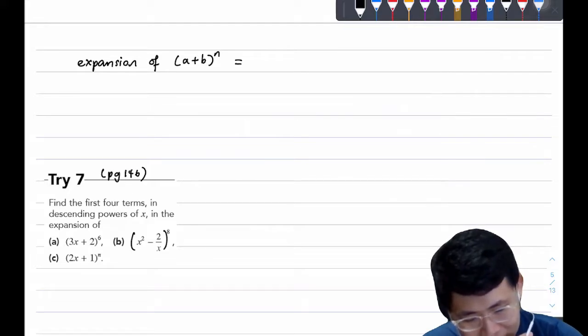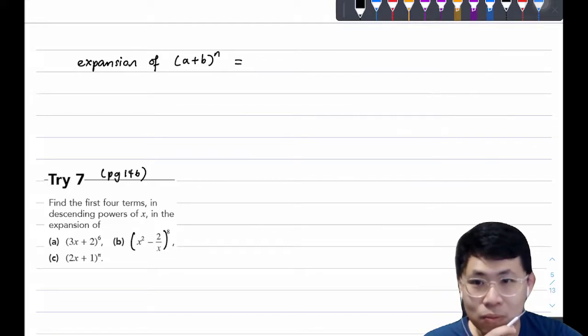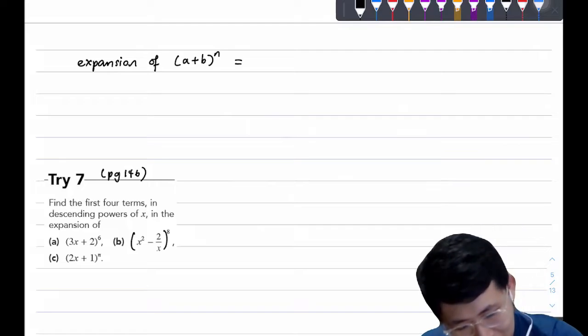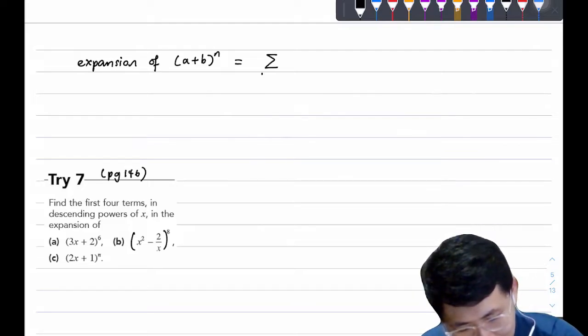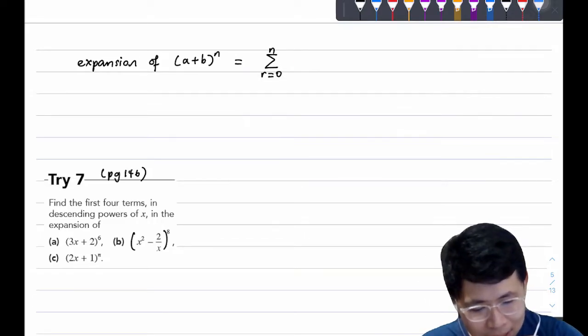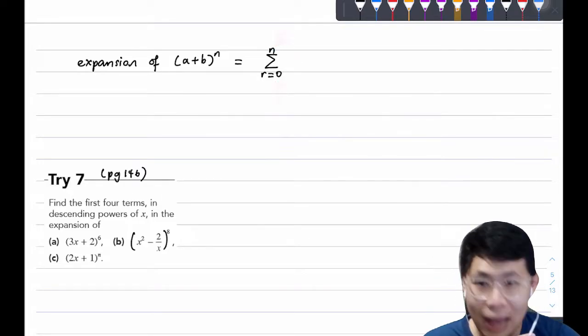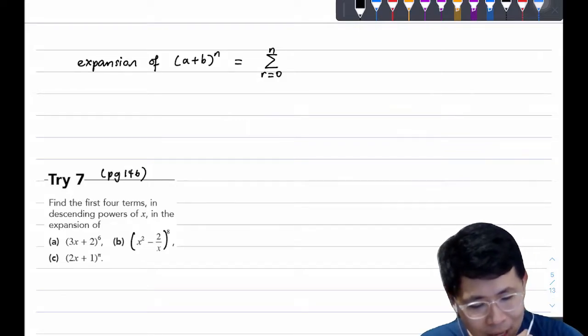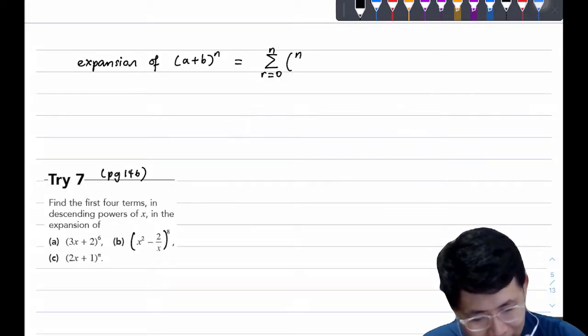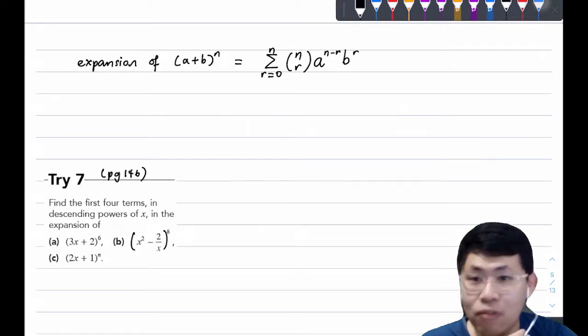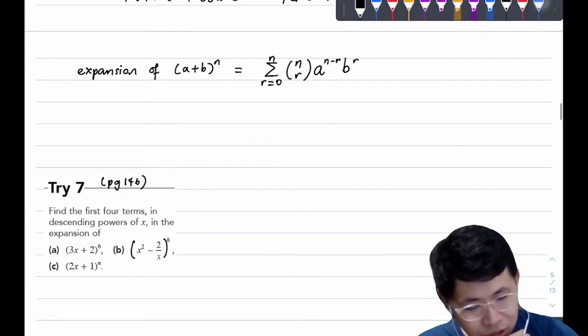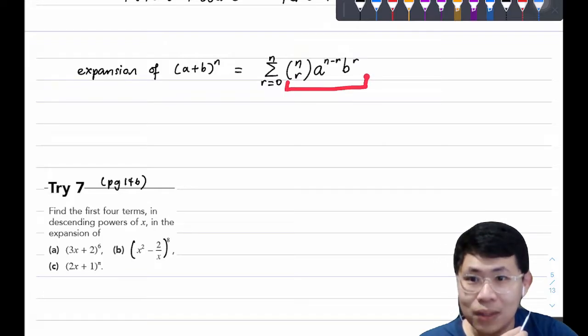I'm going to use a little mathematical notation, but in English this reads as the sum, when r starts from 0 to n, of n choose r times a to the power of n minus r multiplied by b to the power of r. This is the general term of our expansion.